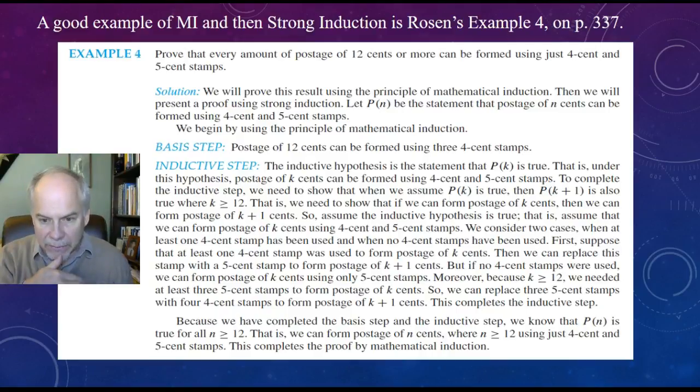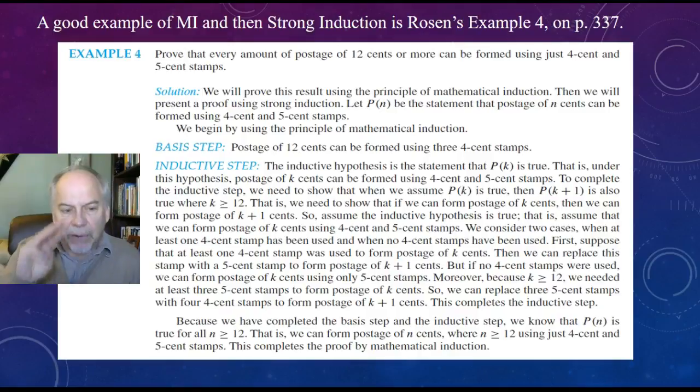But if we didn't use a 4-cent stamp, in other words, we used just 5-cent stamps, and K is greater than or equal to 12, then we must have used at least three 5-cent stamps. Three 5-cent stamps is 15.